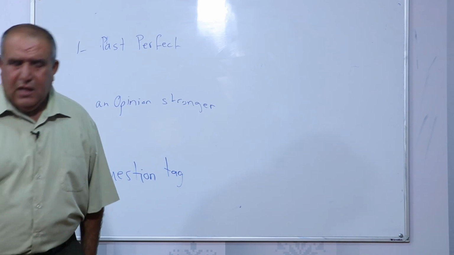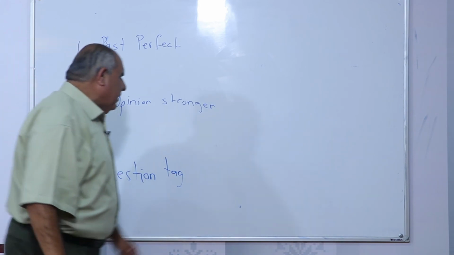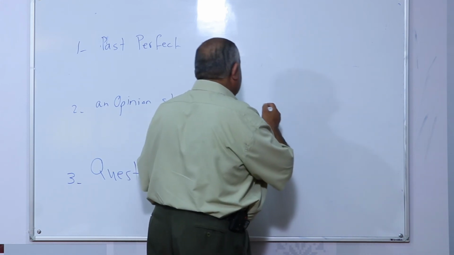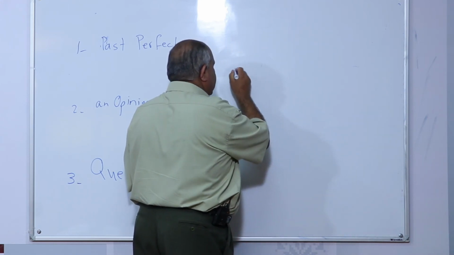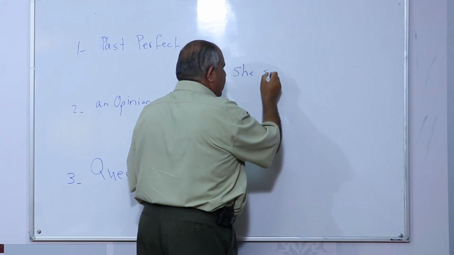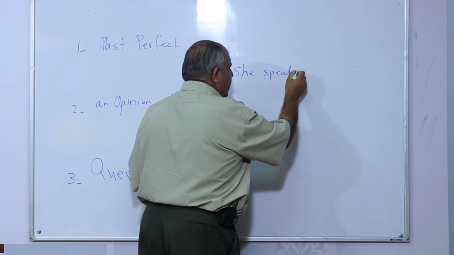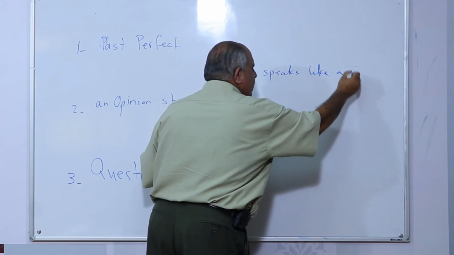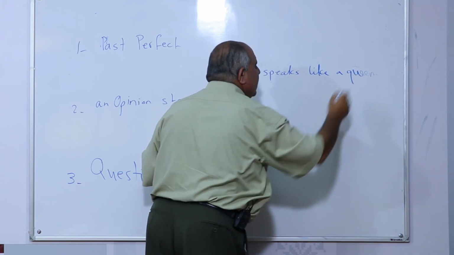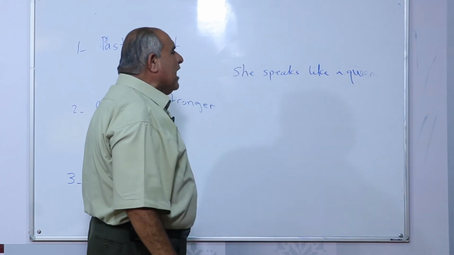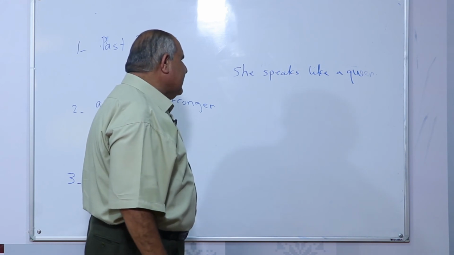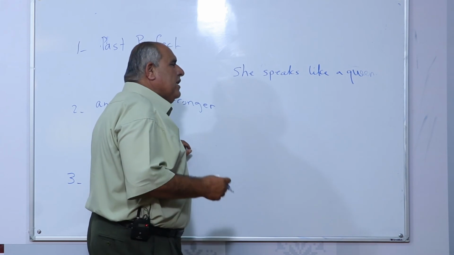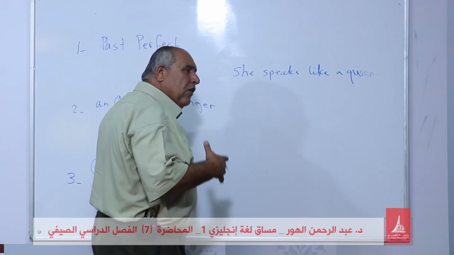Now, point number three, a question tag. What do you mean by question tag? She speaks like a queen. Now this is a sentence. We can make a question tag for it, which means that we can add a question at the end.